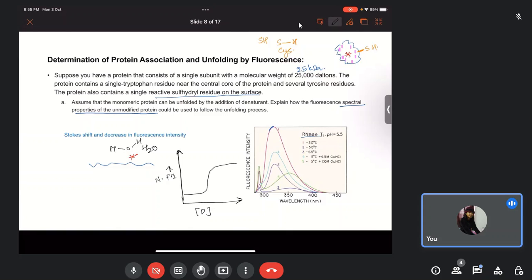In class, I think sir has mentioned how we can fit this data set to a particular equation.